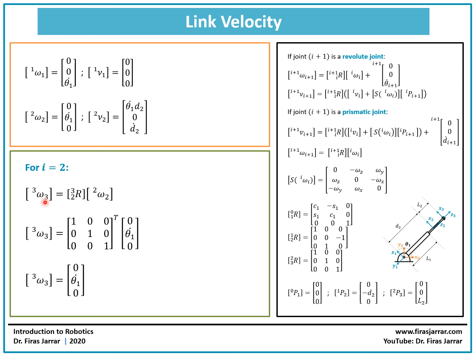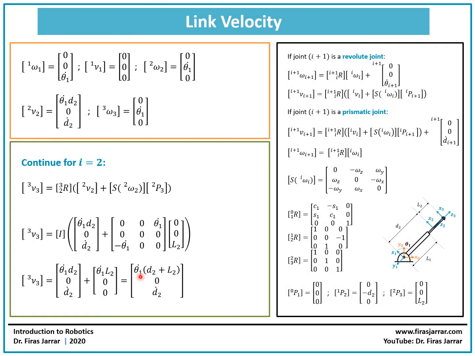So for omega 3, we're just going to get R times omega. And you will see that the angular velocity of link 3 turns out to be the same as the angular velocity of link 2, and this makes sense as frame 3 will always be parallel to frame 2. So they must have the same value for the angular velocity.